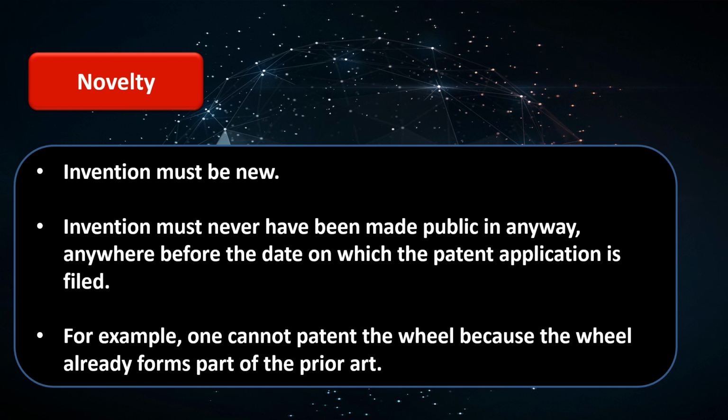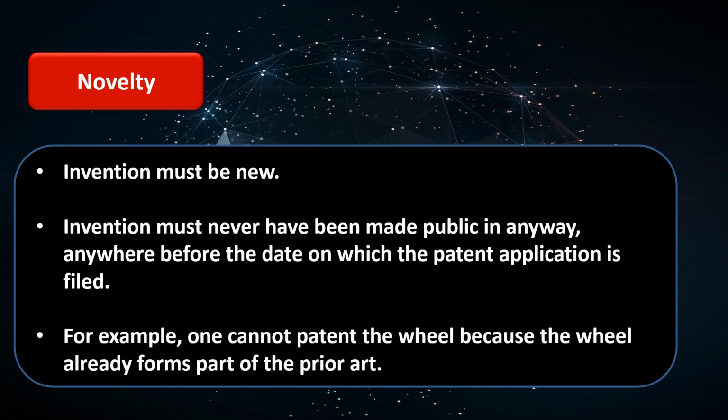So unless you file the patent application, if before that date the invention is present anywhere, whether in the form of another patent or patent application, or maybe an article in a journal, or the device itself is existing, so if it's already known before the date you are filing the patent application, then your invention cannot be considered new with respect to that publication or that patent, which is generally known as prior art.